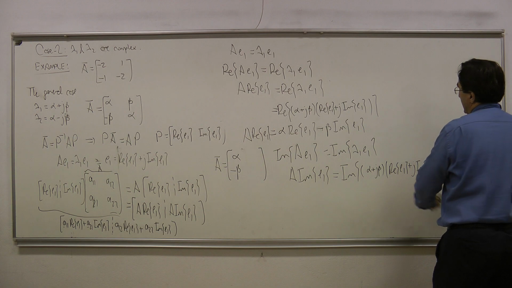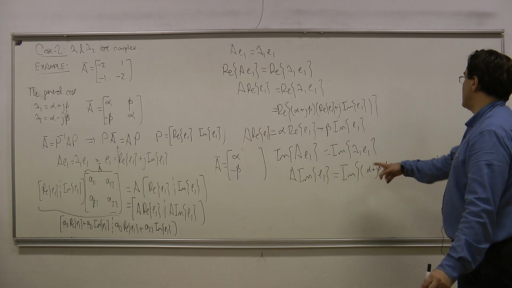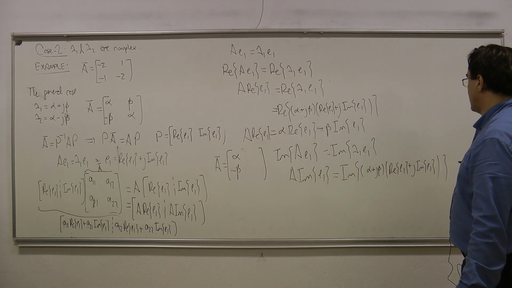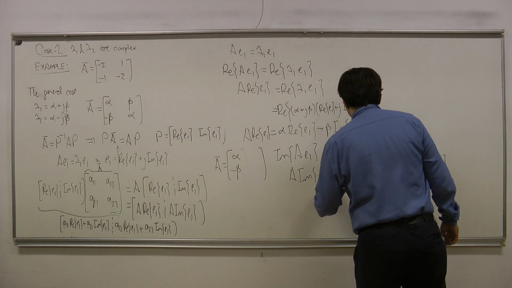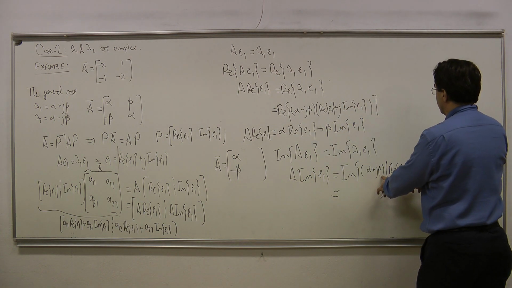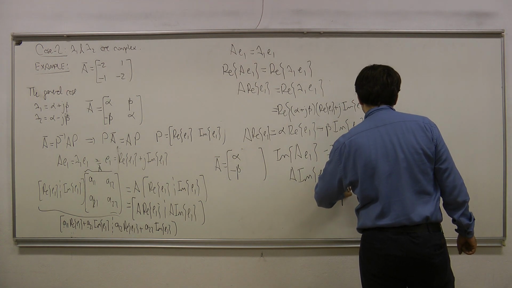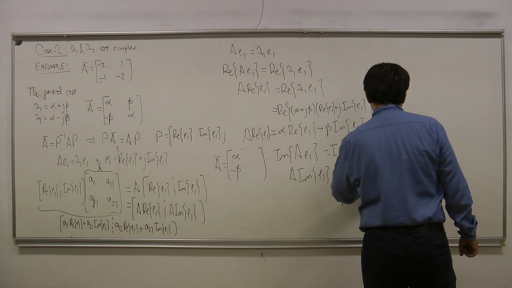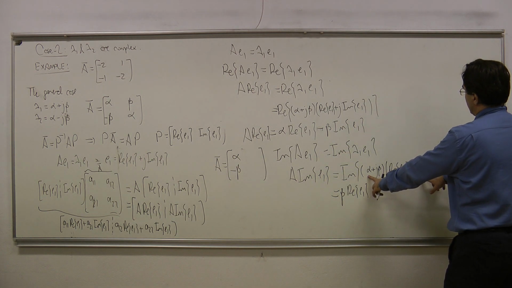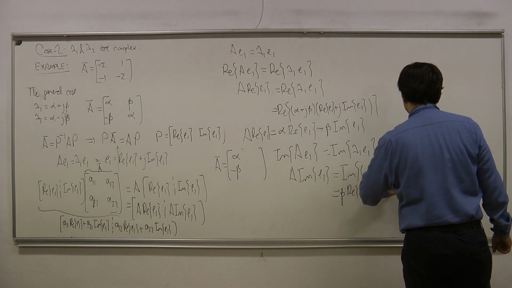Okay? And in the overall, I need to take the imaginary part of this multiplication here. And we see that the imaginary part is easily given by beta times real E1 plus alpha times imaginary E1.